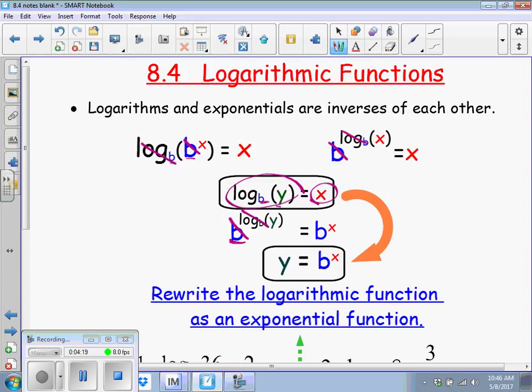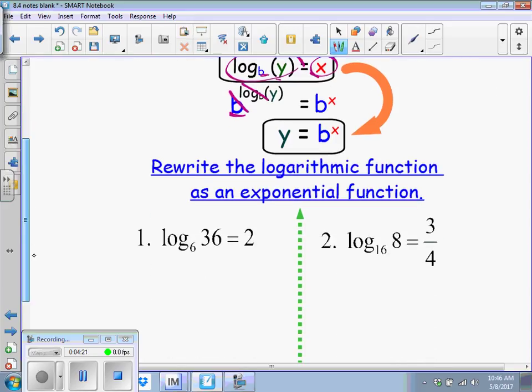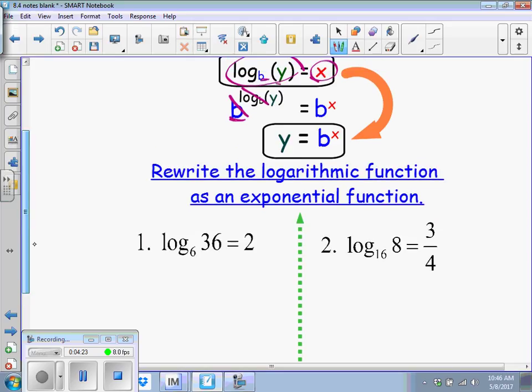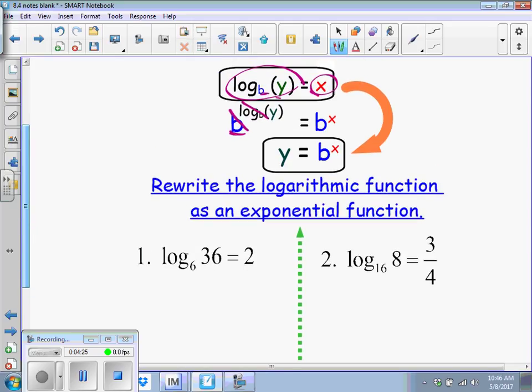So if we have log base b of y equals x, where b, y, and x are just numbers, not variables, we've shown that we can go straight to writing it in exponential form.